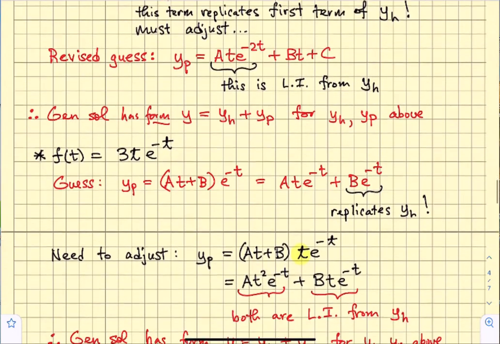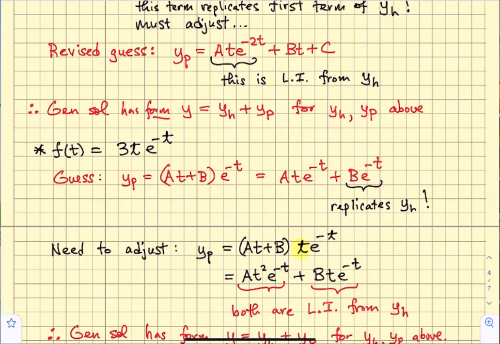Okay, so what I'm going to do is, because this is multiplicative and not additive, this was my whole guess. So I'm going to take my entire guess and multiply it by t, because it was multiplicative when we started. Now when I multiply this by t and break it apart again, you would see that both parts are linearly independent.